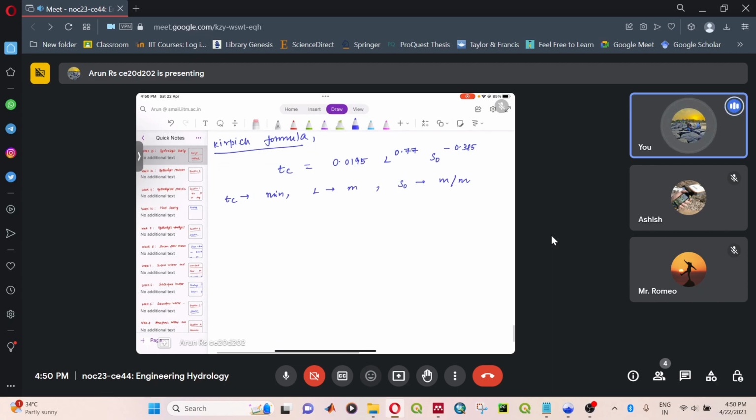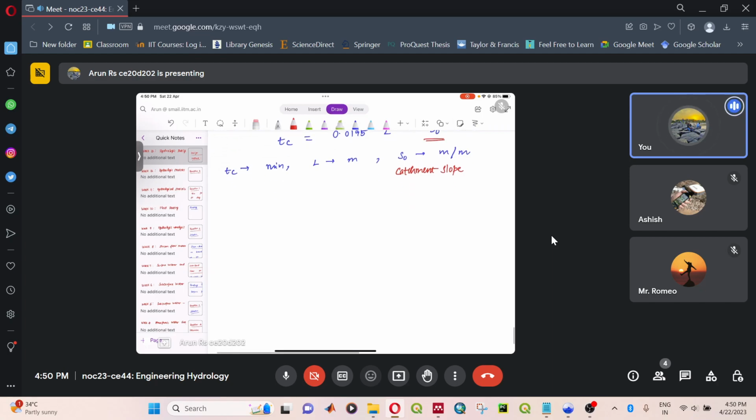And remember that this S naught is not the slope of the stormwater drain, it is the slope of the catchment. Here S naught is the catchment slope. So we have two catchments. Let us find out the time of concentration for both the catchments.